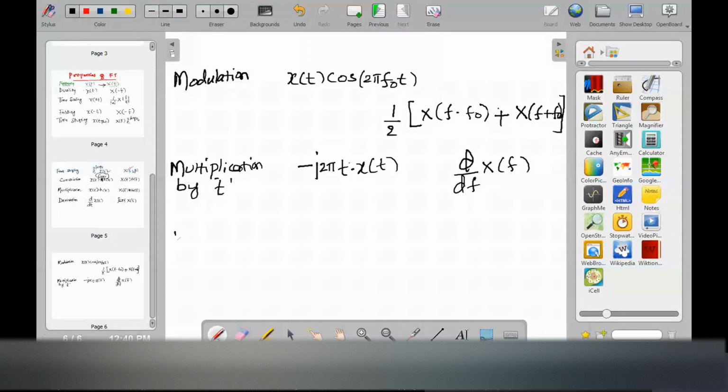One more property is called the integration property.